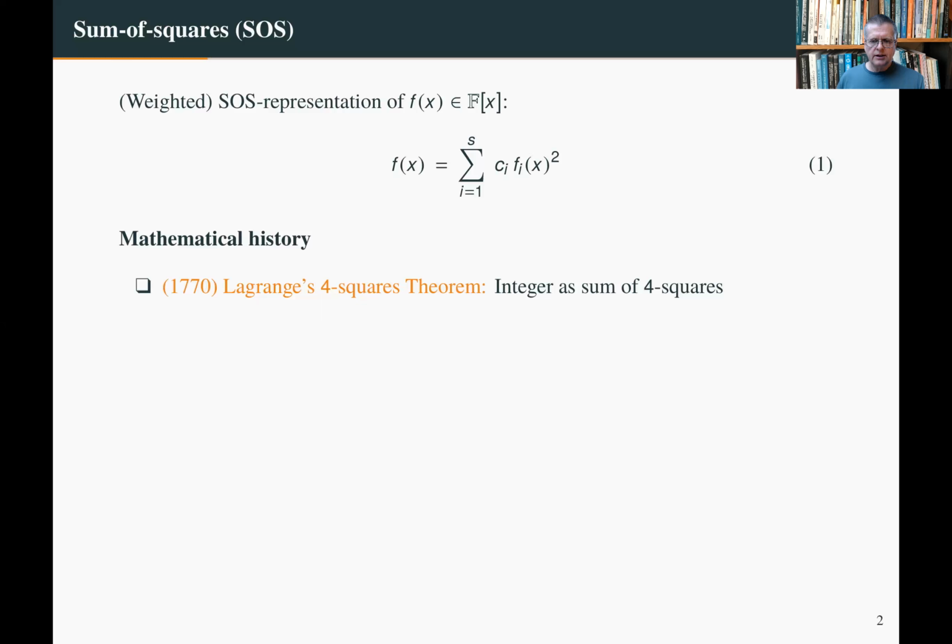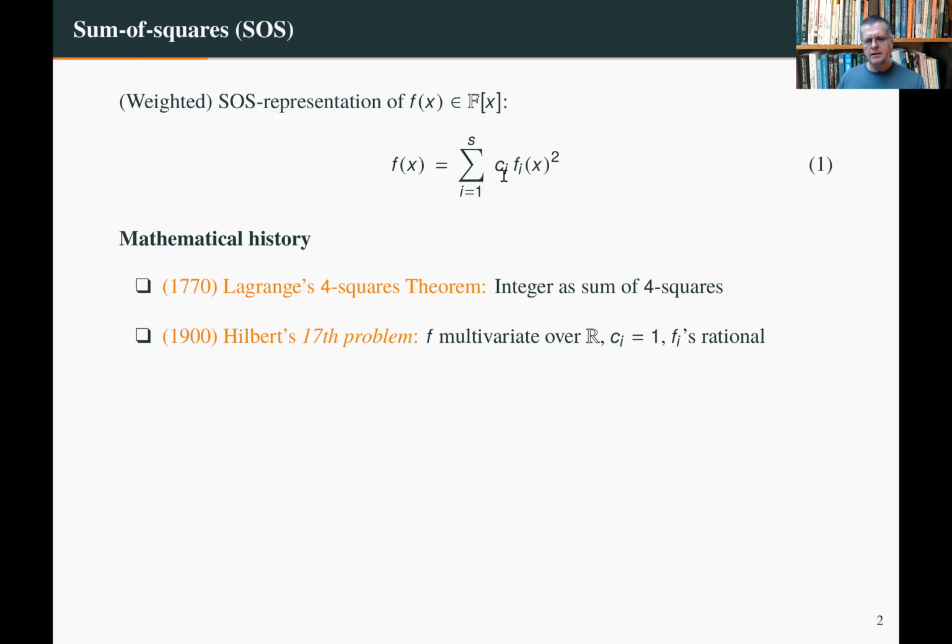This has a long history. There is famously Lagrange's four-square theorem that states that every natural number can be written as a sum of four squares. With respect to polynomials, there is Hilbert's 17th problem. That's slightly different. So here he considered multivariate polynomials, first of all, and only positive ones.